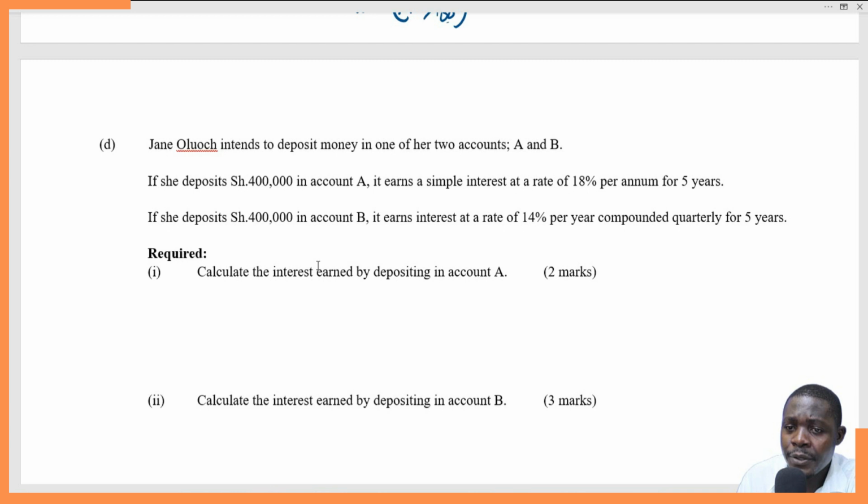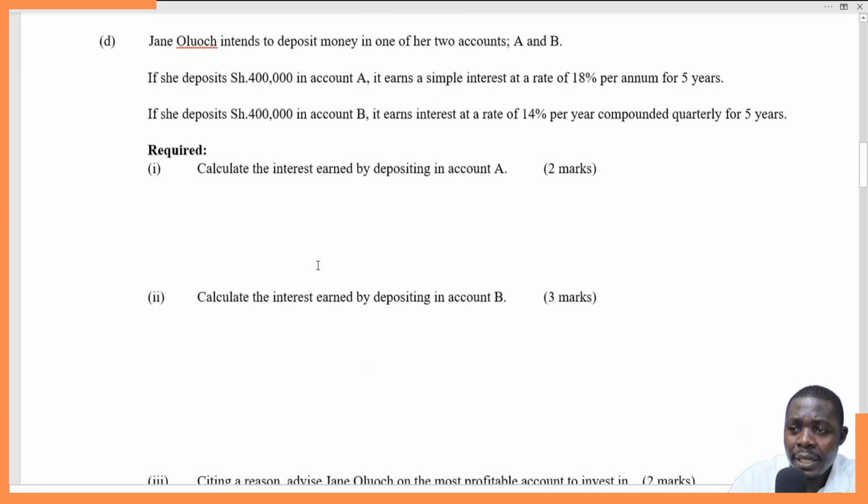If she deposits 400,000 in account B, it earns interest at the rate of 14% per year, compounded quarterly for 5 years. Question number 1: calculate the interest earned by depositing in account A.